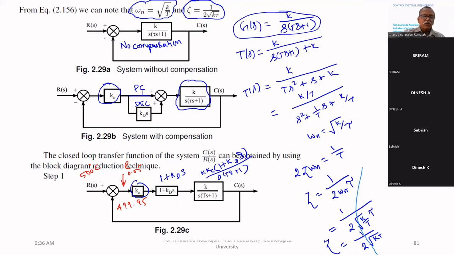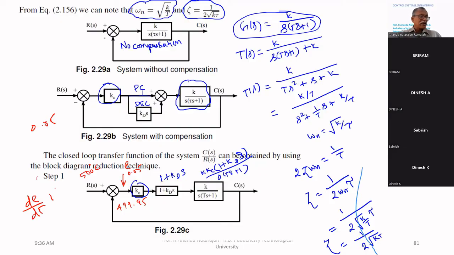So noise amplitude is 0.05 volts, let us assume. Noise amplitude is 0.05. Here error is also 0.05. How to distinguish between noise and error? It is not possible. That's why this d by dt, what is the meaning of d by dt?